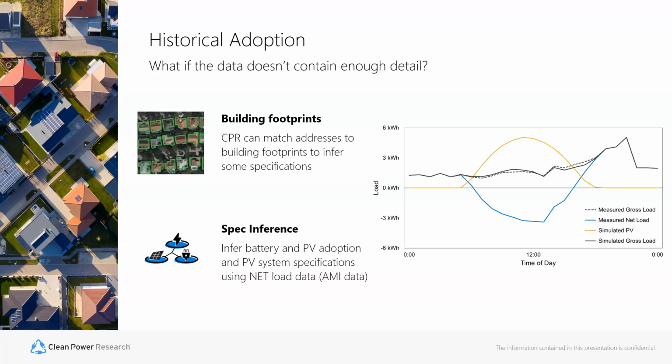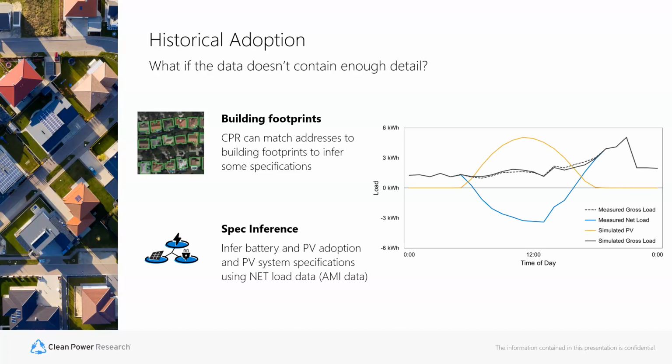So this is a really cool tool that we have, and this is a representation of how we do this. We take the measured net load from a customer. We take our solar irradiance data from Solar Anywhere, and we can see throughout each day how the solar irradiance has affected the net load.